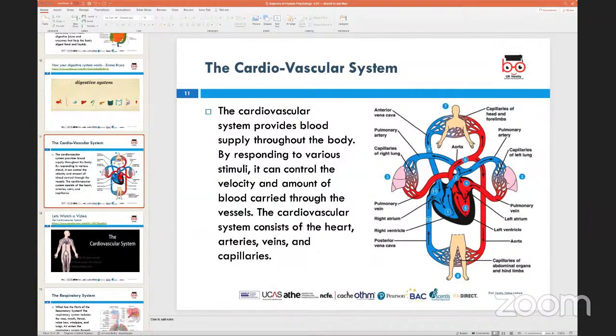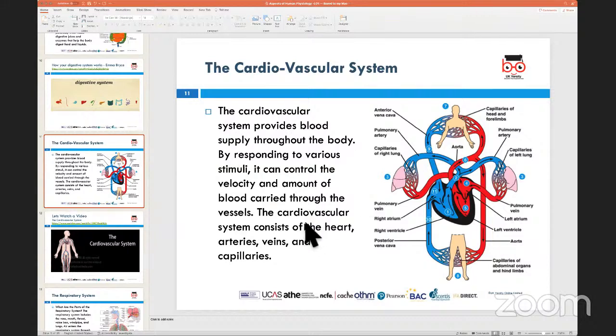Arteries and veins: arteries carry pure blood, and veins carry impure blood, which is sent back into the heart for purification. Capillaries are the network of blood vessels which branch out from veins and carry blood to every nook and corner, every part of the human body.